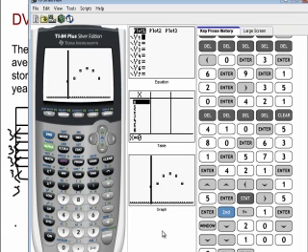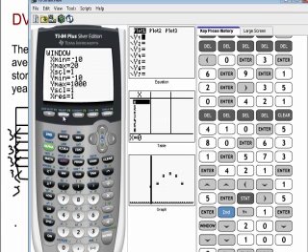Now this is what my data points would look like if I were to scatter plot those data points. You can just sketch those by hand also. But if you're curious to know how I did this, I go to my window and I set my window to make sure that my x's, which went from 0 to 15, will fit on my graph. And so I set my x's from negative 10 to 20.